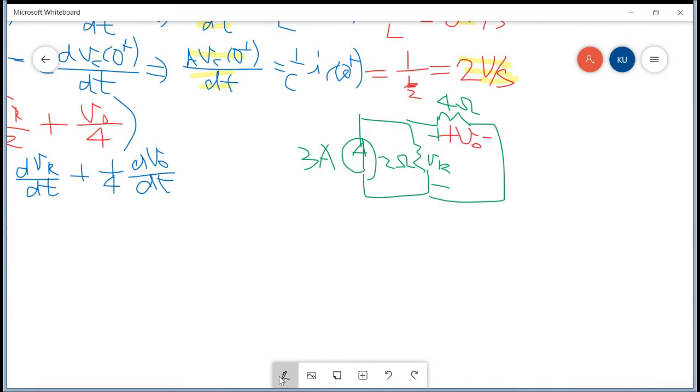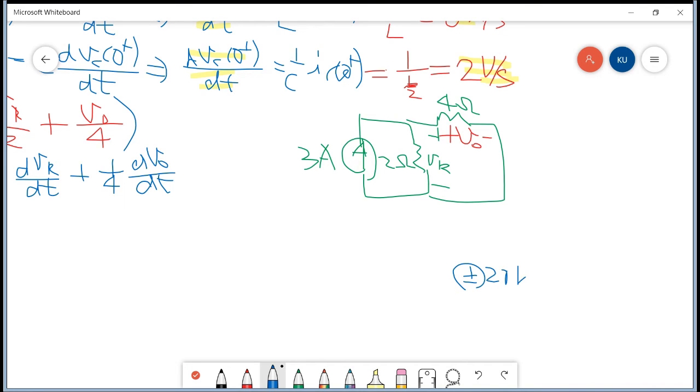We have a circuit like this. We have a 20 volt source here, and this is a capacitor, and this is VO, which is 4 ohm, and this is VR.